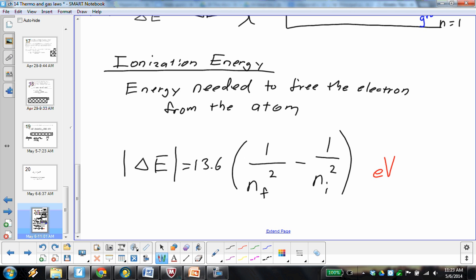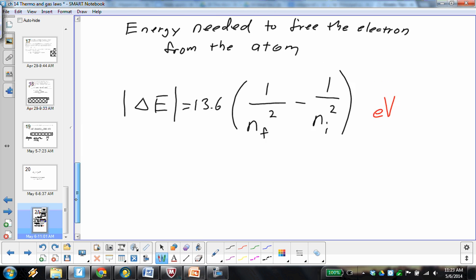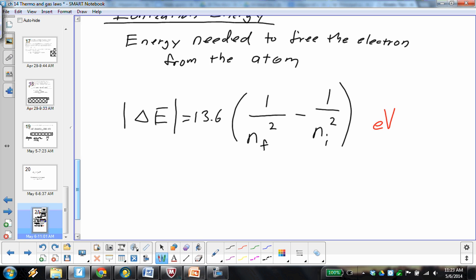So let's see if we can ask this question and get this answered. The question is this: what is the energy of a photon that is released from an electron that goes from energy level 5 to energy level 2?